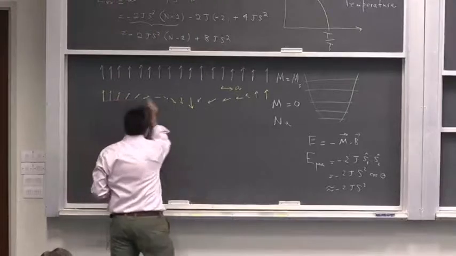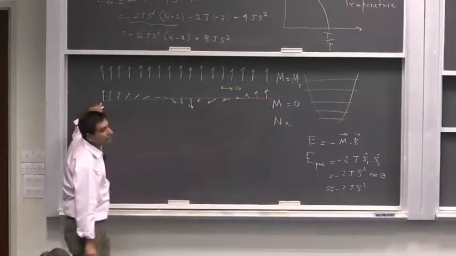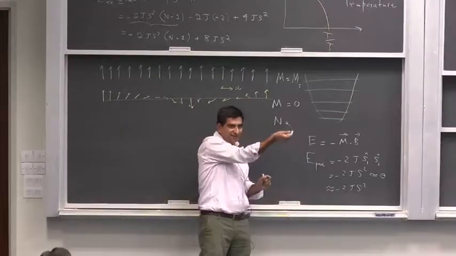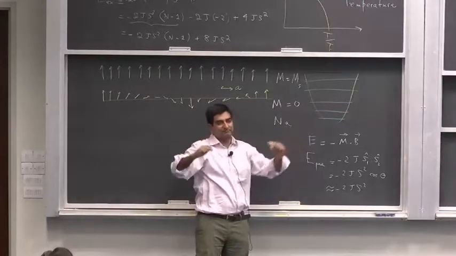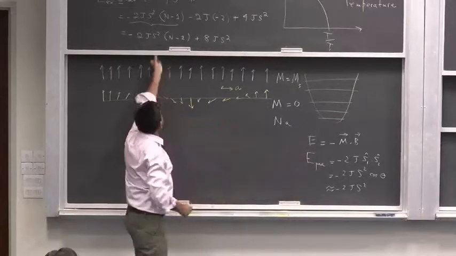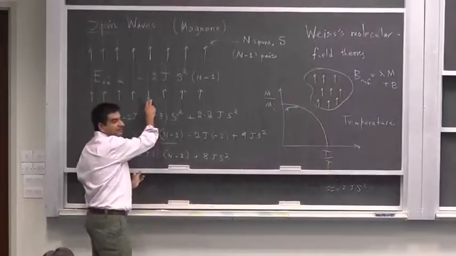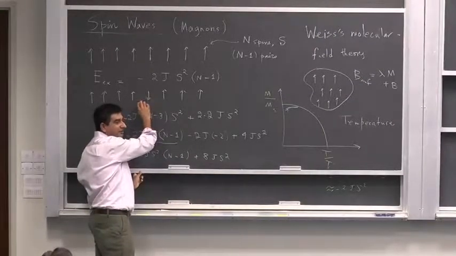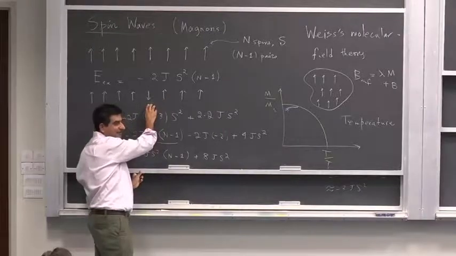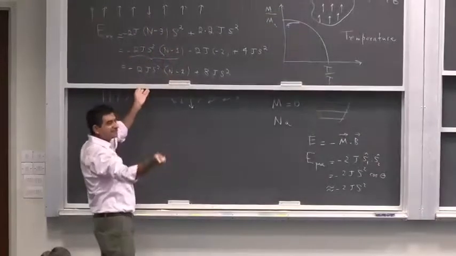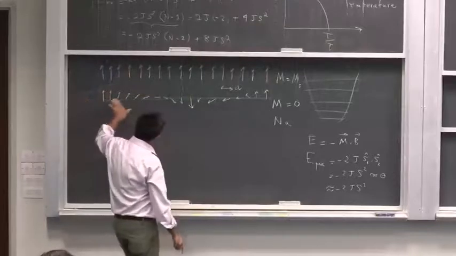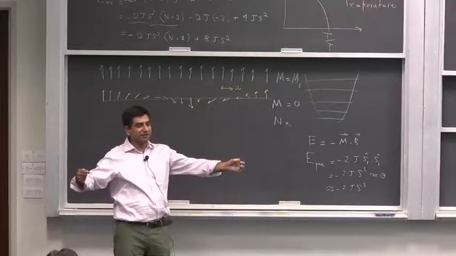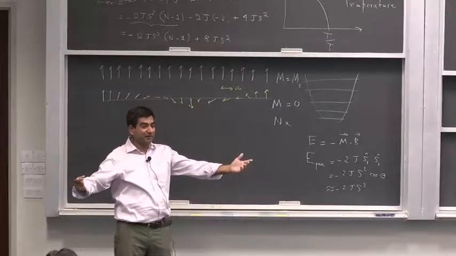We peg one end of the string, take the other end, and rotate it by 360 degrees. This is actually what we've done. We have taken this configuration of one spin being in the opposite direction, being antiferromagnetically coupled to its nearest neighbor, and we have spread this spin flip over the entire chain. We have delocalized this spin flip over the entire chain. This is something you could do quantum mechanically, right?